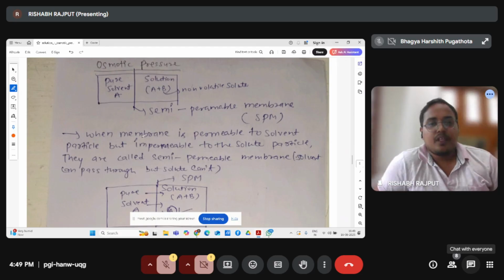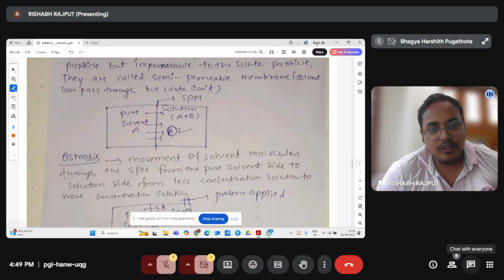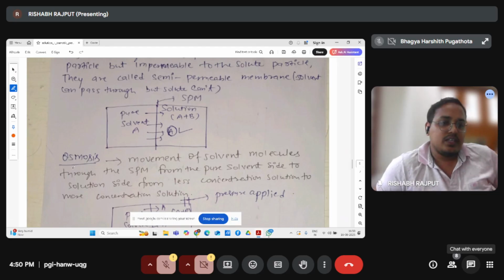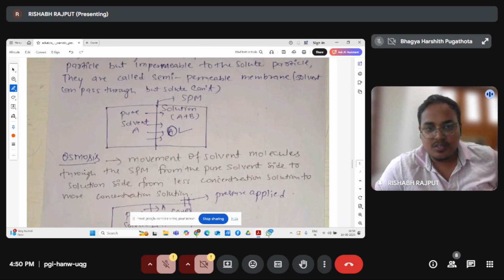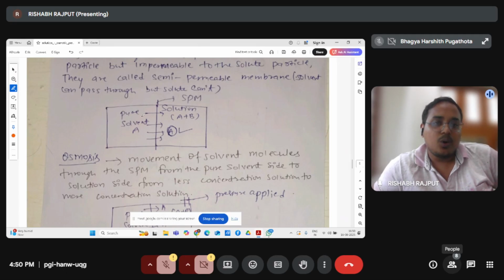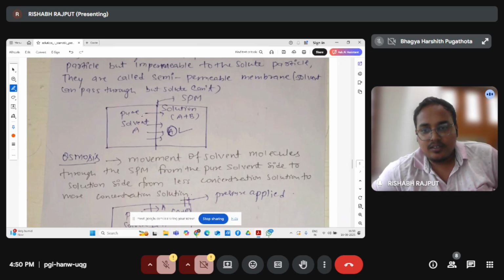What happened here? Actually, you see this topic, osmosis. Osmosis is just a process. What is the meaning of that? If pure solvent particles move from the pure solvent side to the solution side through the SPM, this type of process we call the osmosis process.